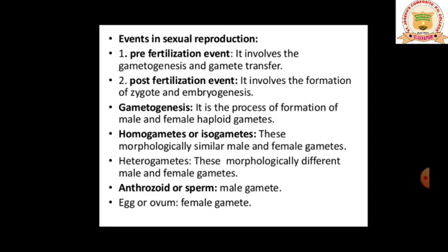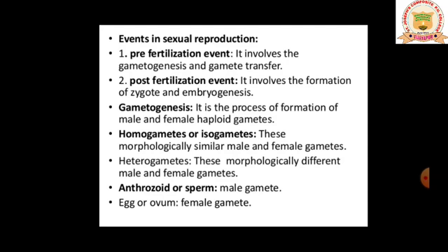The structure remains the same, the size remains the same, each and every component remains the same. Morphologically means externally: the external appearance of male and female gametes is very similar, like a photocopy of each other. Such gametes we call homogametes or isogametes.